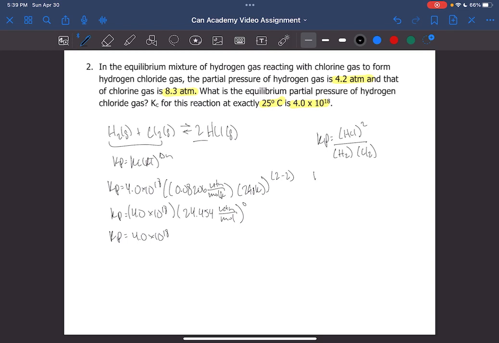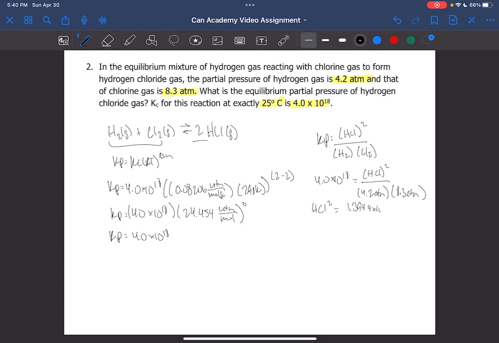We're given the hydrogen gas and chlorine gas partial pressures, so it's going to be 4.0 times 10 to the power of 18 equals the partial pressure of hydrogen chloride gas squared over 4.2 atm times 8.3 atm.